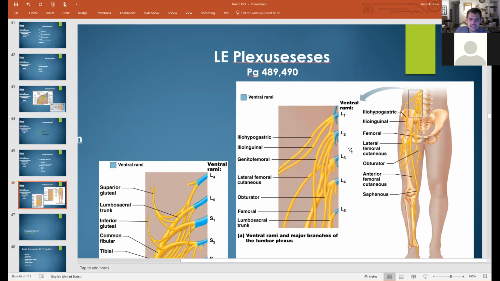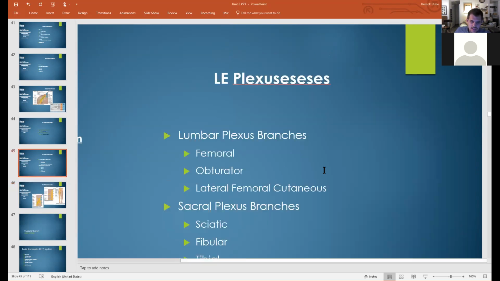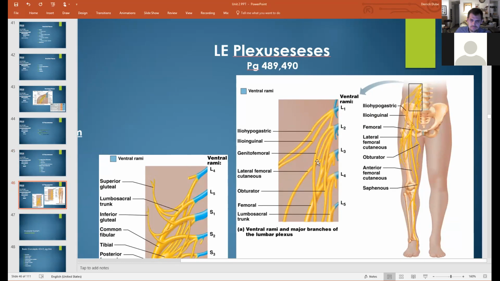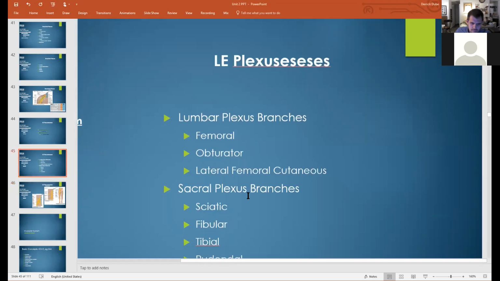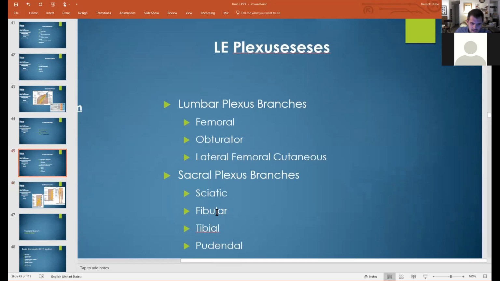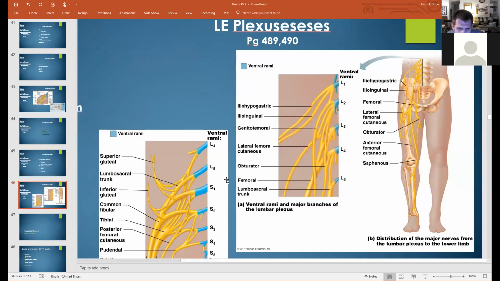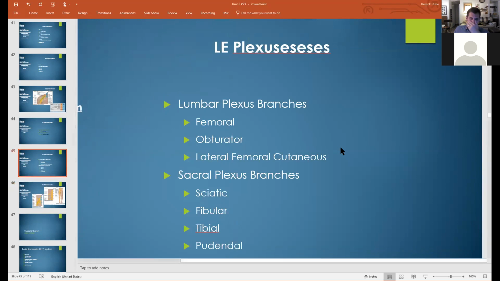Now when you get down to these sacral plexus branches, sciatic, fibular, tibial, and pudendal, let's go here. Does it really show it quite well? I'll probably want to get another image, but I'm going to go ahead and describe it, and I'll try to get an image up soon. Your sciatic nerve is going to be a large one that comes down the posterior side of the leg.